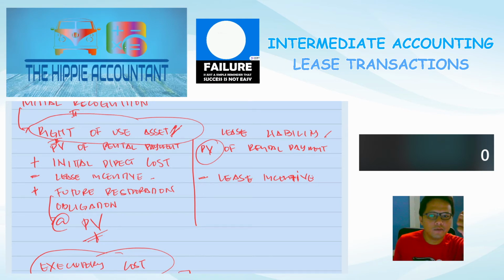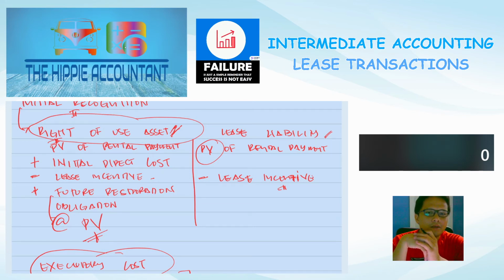However, if the agreement of the lease incentive is that instead of reimbursement, in the future mo pa siya marireceive in the form of a deduction to your rental payment, obviously, part of your lease liability as a deduction. Kasi nga, bawas siya sa rental payment mo.